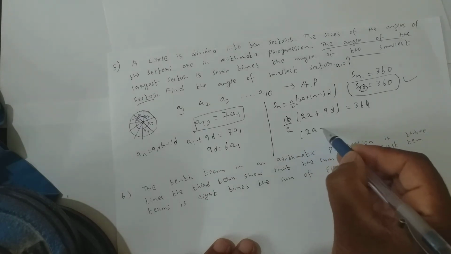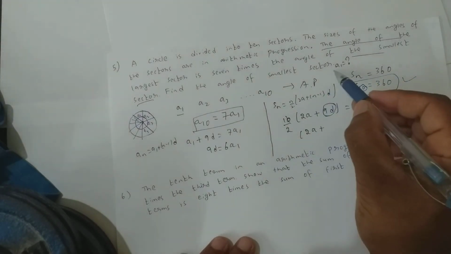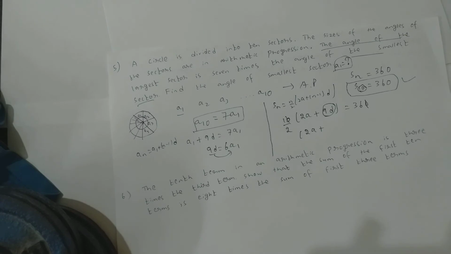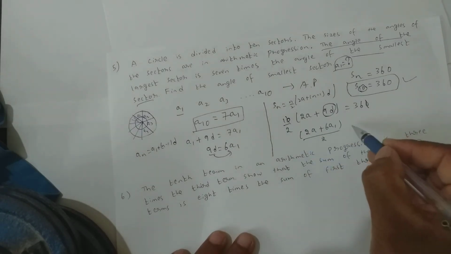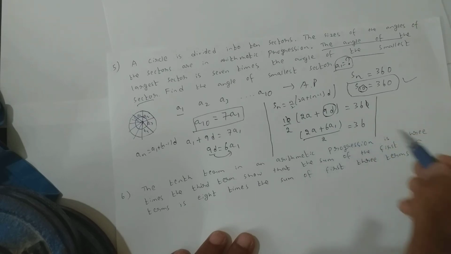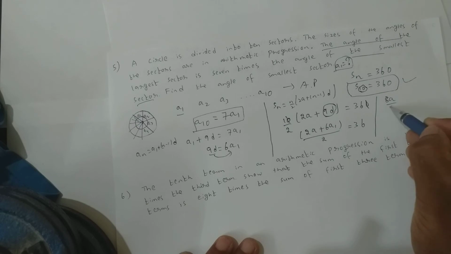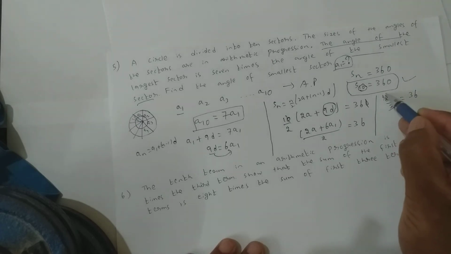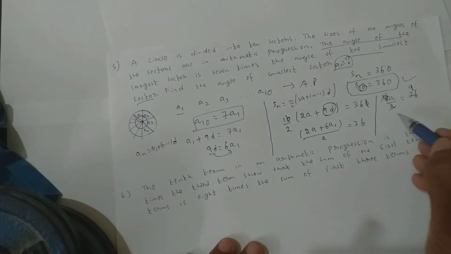And in place of 9D, I want to find the value of A1, so I replace 9D by 6A1. So (6A + 2A) is 8A, by 2, equals 36. This one goes 4 times, and this one goes 9 times. So my A value is 9.